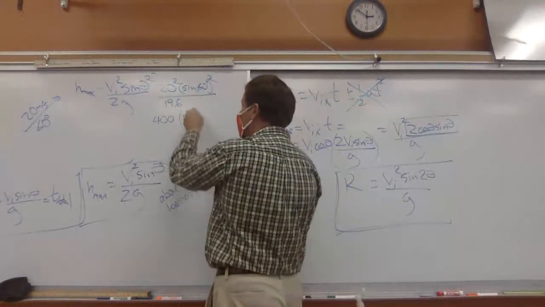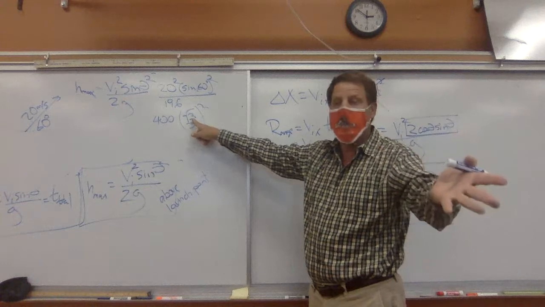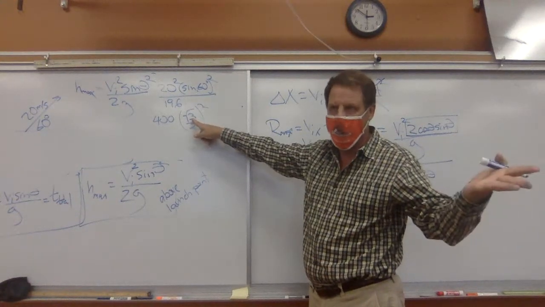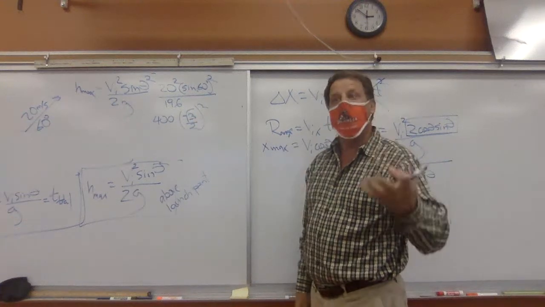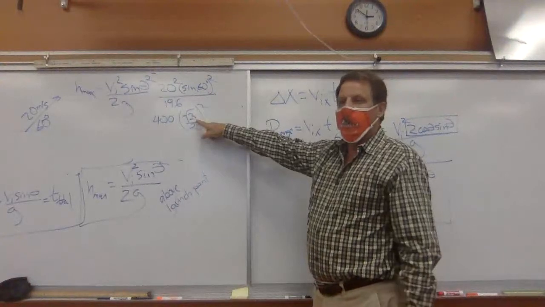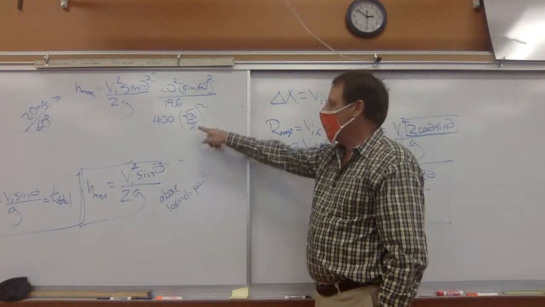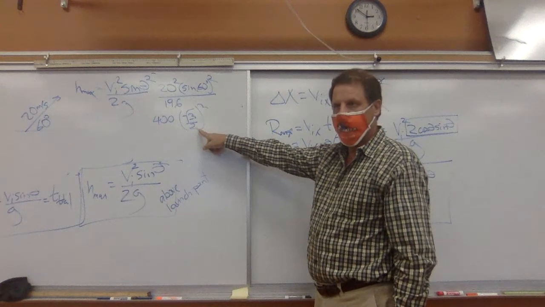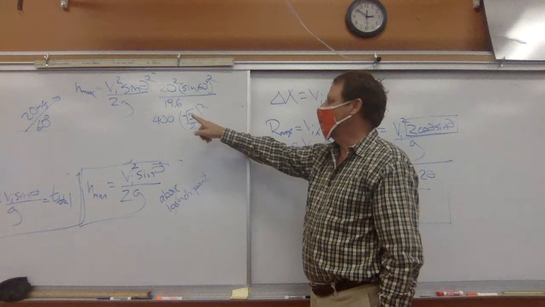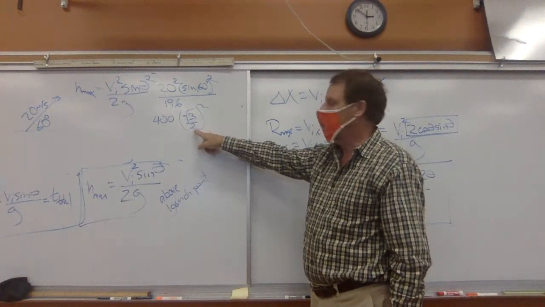Your calculator will give you a decimal like 0.866, and then you square that. The square root of 3 squared is 3, and 2 squared is 4, so it's going to end up being 3/4.